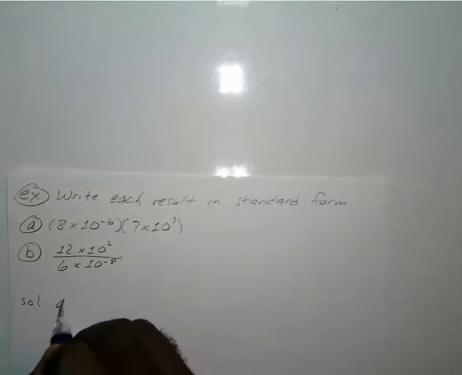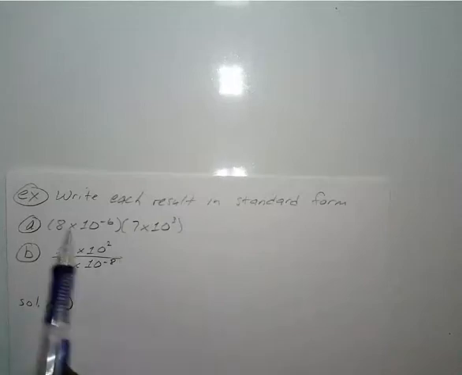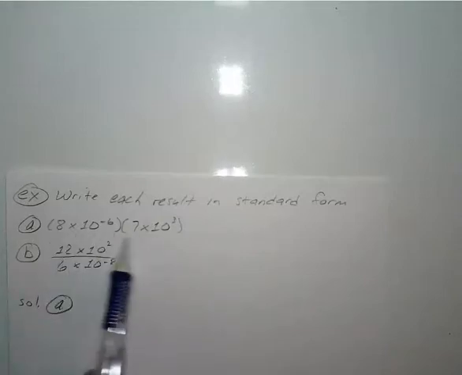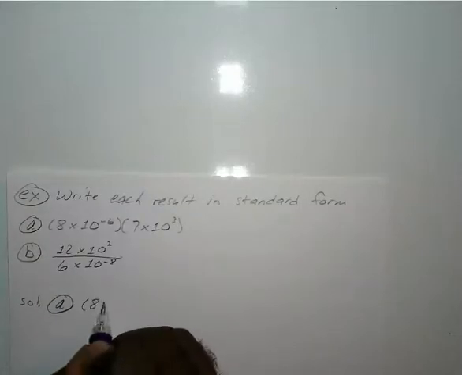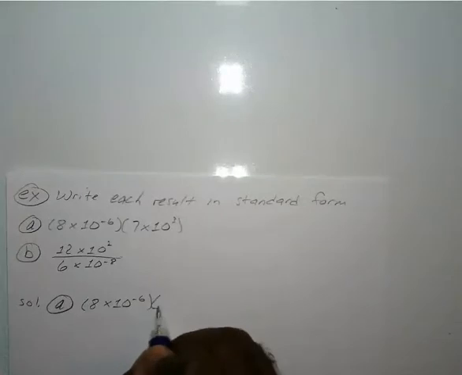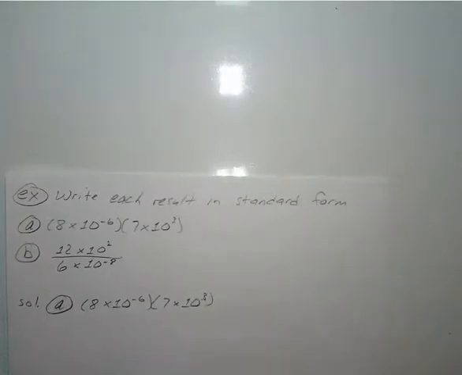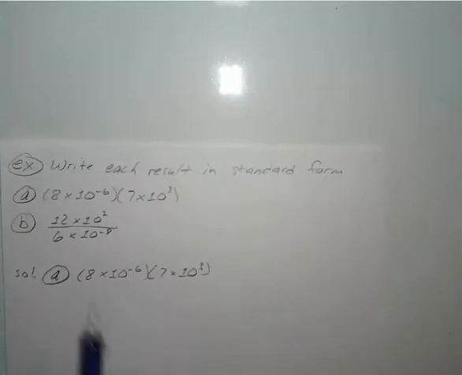Okay, so for problem A, what we're going to do is kind of break that down a little bit. Okay, so if you have 8 times 10 to the negative 6 power times 7 times 10 to the third power, if you notice, this is just all multiplication.